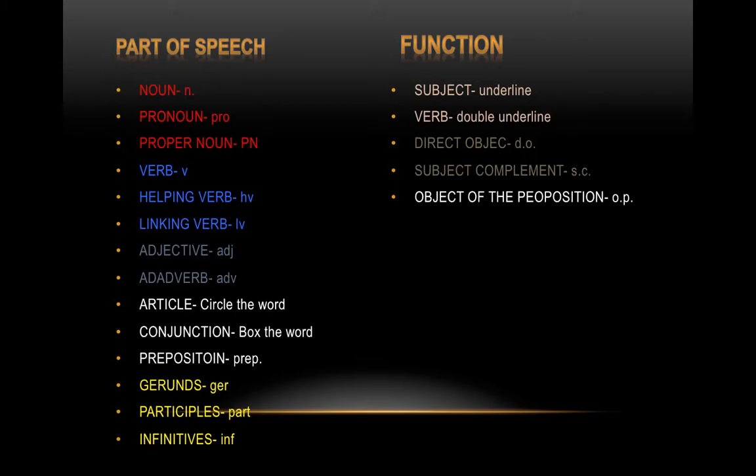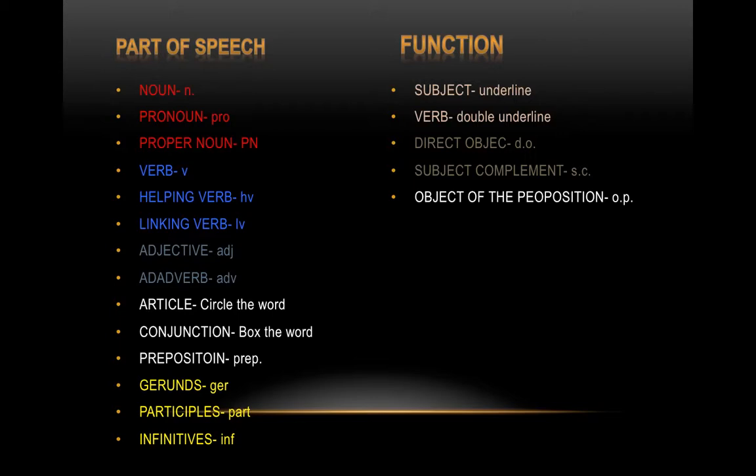And for verb we use v. For helping verb we use hv, and for linking verb we use lv. Adjective, adj. Adverb, adv. For articles we circle the word. For conjunctions we box the word. And for prepositions we parenthesize the word and mark prep, and I will show later how to mark prepositions.